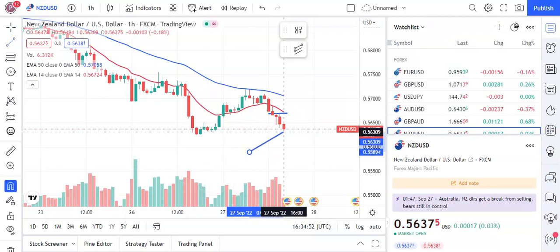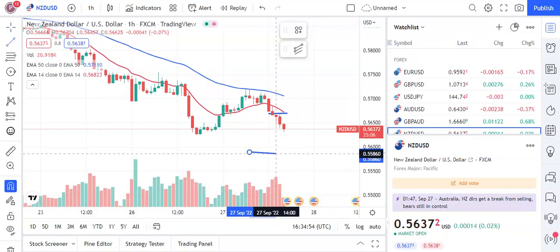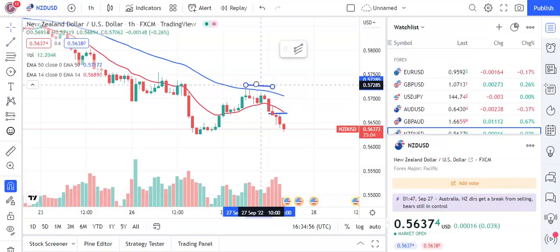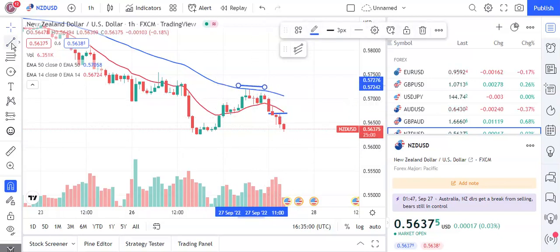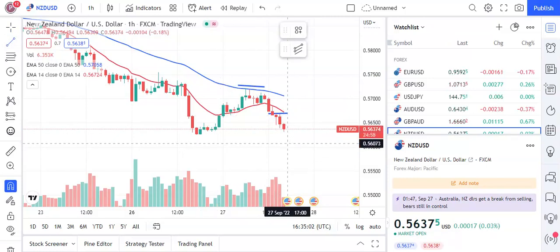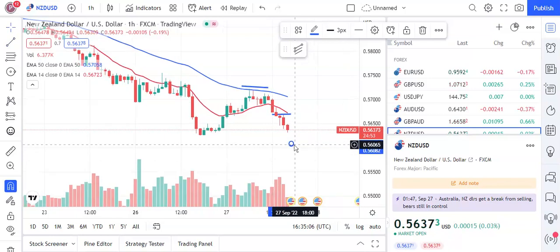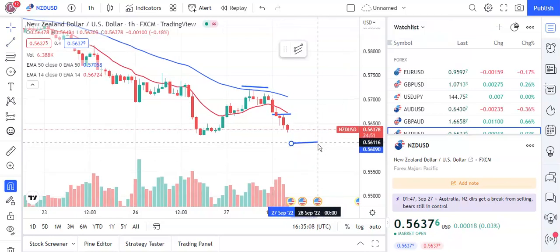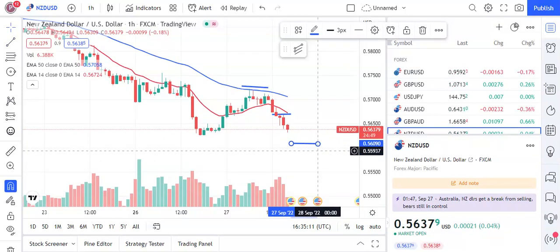Stop loss here above the swing. Then take profit, I can go for the same size, the same size if I'm going for a ratio 1 to 1. So this is it.